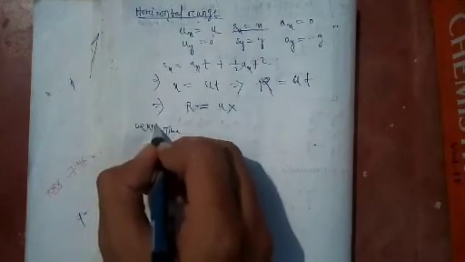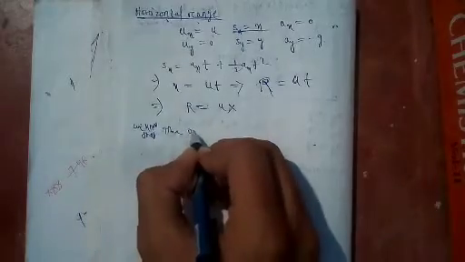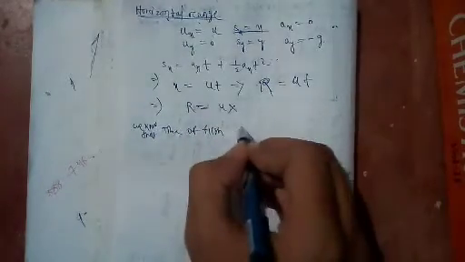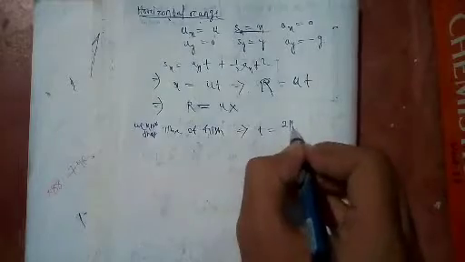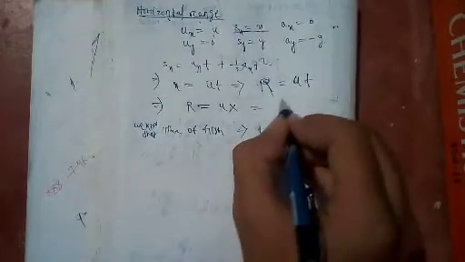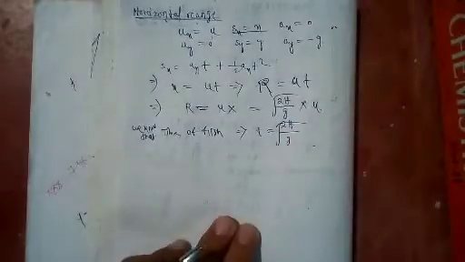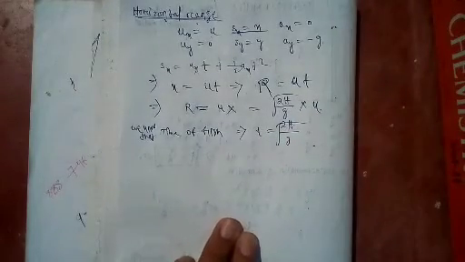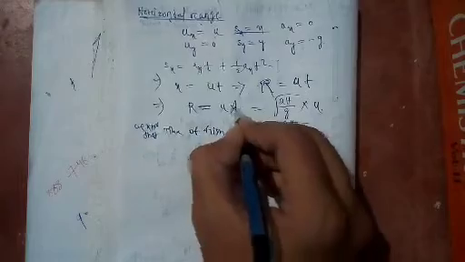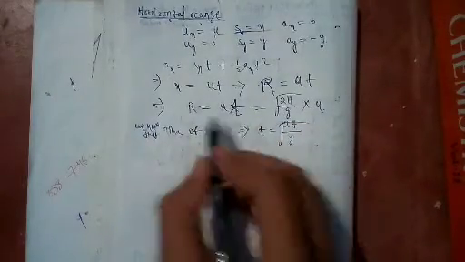We know that the time of flight is t is equal to root over 2h upon g, so R is equal to u into root over 2h upon g. Okay, this is the derivation of horizontal range.